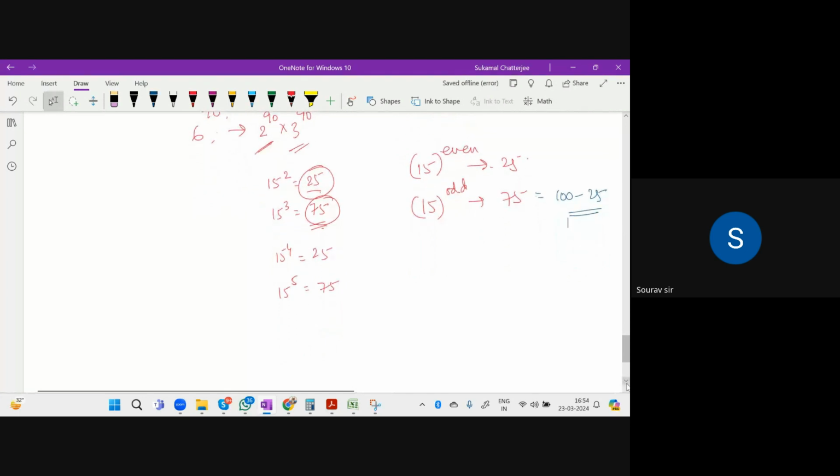So for 15, this is the rule. Now it is very simple. Any number ending in 15 will give me 25 or 75, depending on whether the power is even or odd. Now coming to your point, 25 square ends in 25, 625. 25 cube will end in what? 25 into 25, again 625.